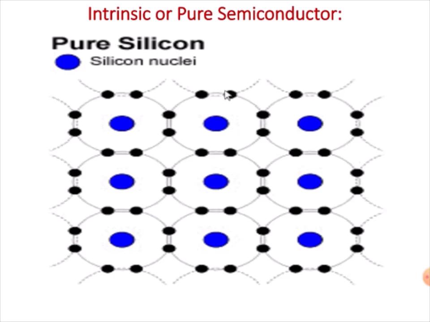Since no electron is available for conduction, the semiconductor at 0 Kelvin acts just like an insulator, and so no electrical conductivity is possible in an intrinsic semiconductor at 0 Kelvin.